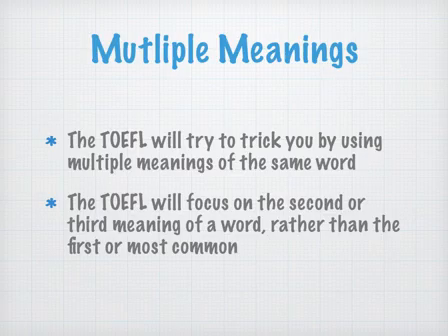So what the TOEFL will actually try and trick you with is that it will focus on the second or third meaning of a word rather than the first or most common meaning. This doesn't mean that you need to raid your dictionaries for all the different meanings of all the different words.